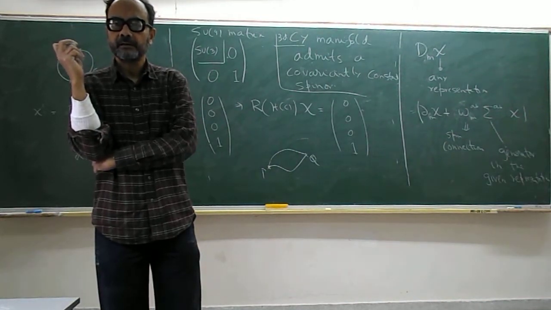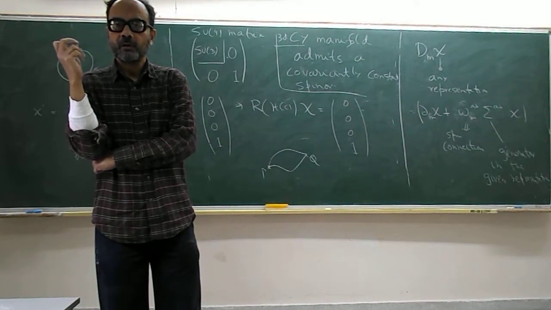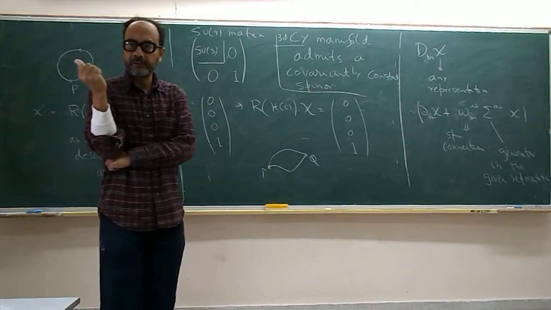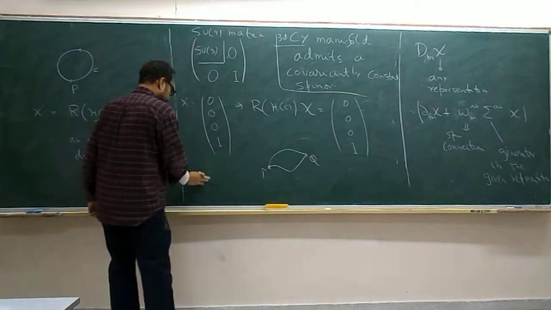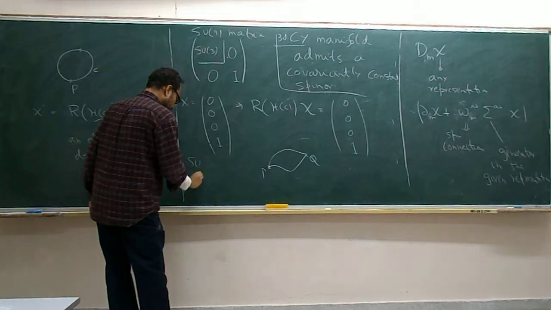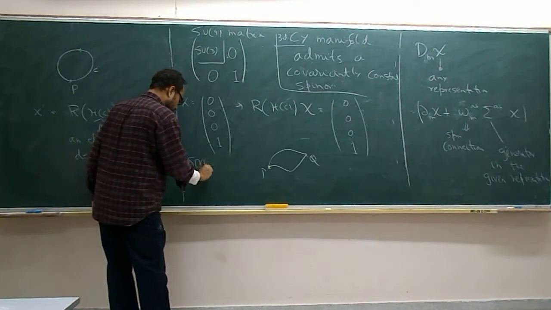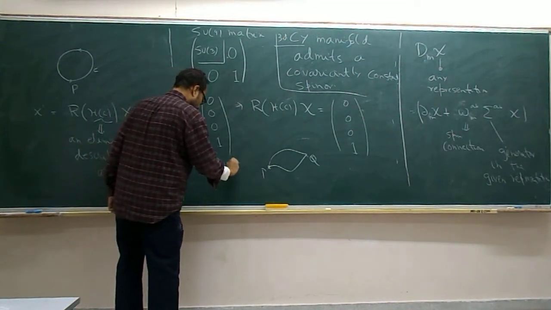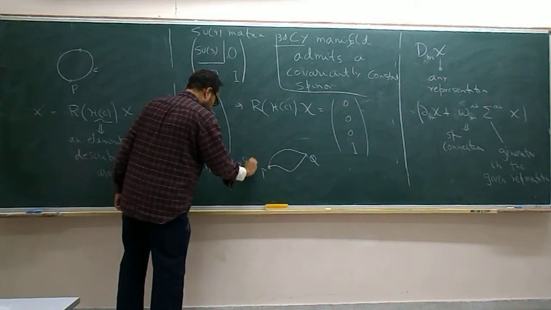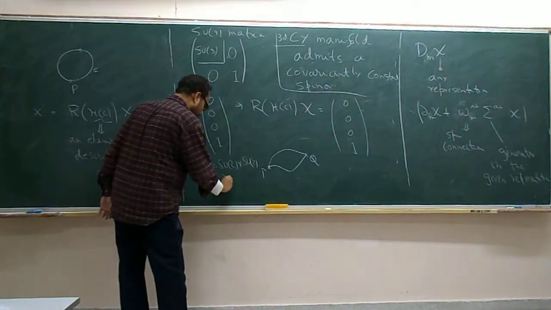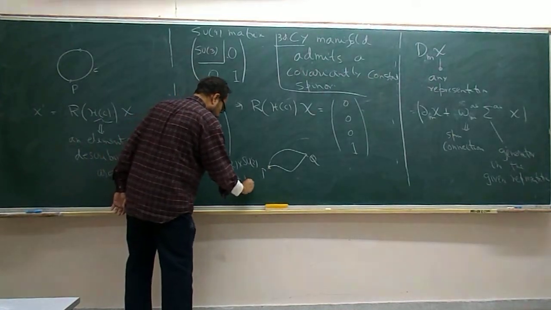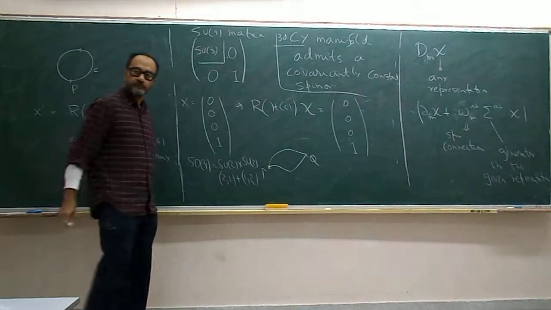For higher dimensional Calabi-Yau, it can be more than one, or it can be only one. Well, for K3, for example, we have SO4, and SO4 is SU2 times SU2. The spinor representation basically goes as (2,1) plus (1,2).